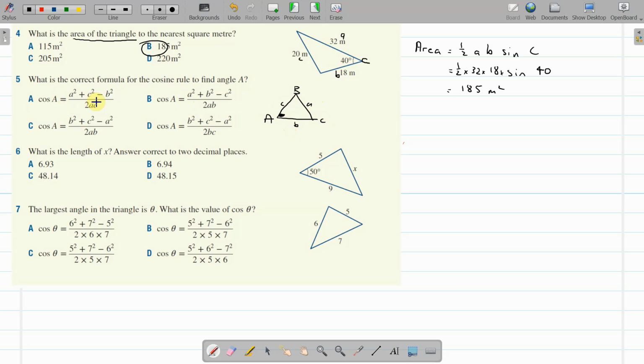And this one features A, which is not good. And that one features A. We're going to these two.